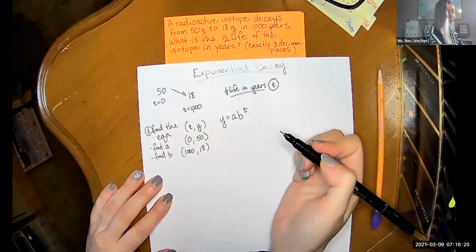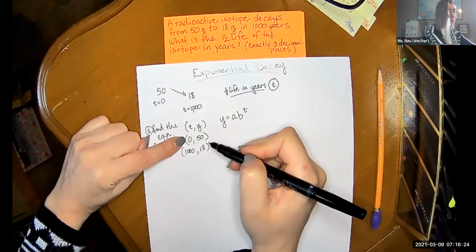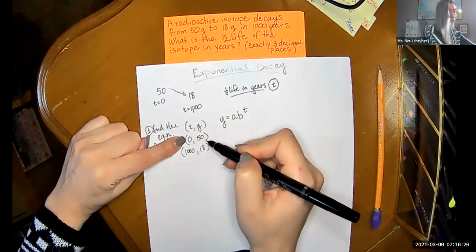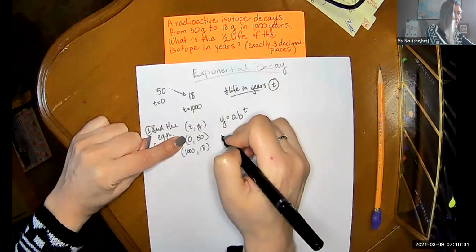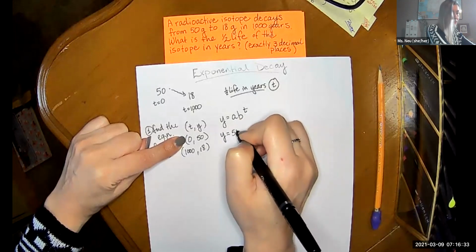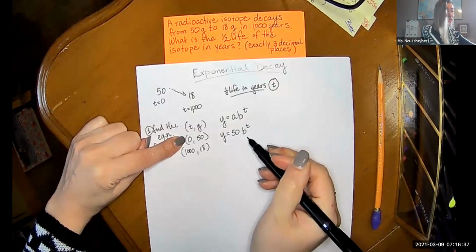How do I know what A is? A is my starting point. So at time 0, I'm starting with 50 grams of this isotope. So I've already got that. Plug it in. Perfect, I've got A. Now I just need to find B.